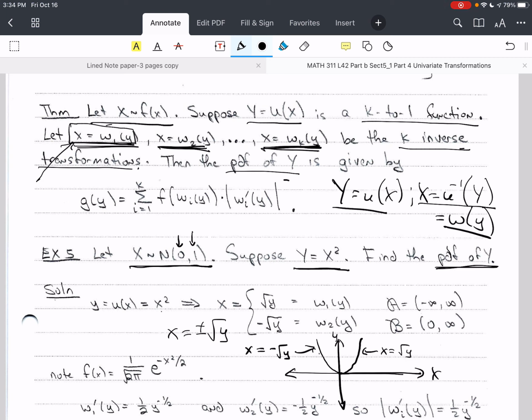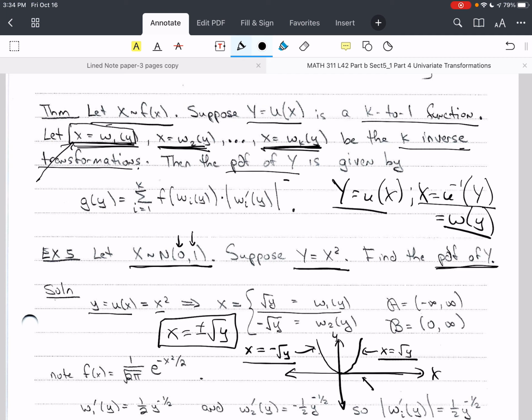So y is equal to u of x, which is x squared, and we take the inverse, which is the square root of both sides, to get x. But when we do that, we get that x is plus or minus the square root of y. And so we say that when x is positive, then x is the square root of y, and when x is negative, x is the negative square root of y.